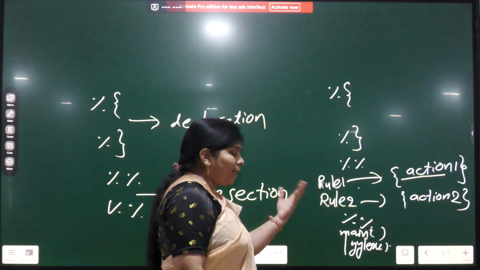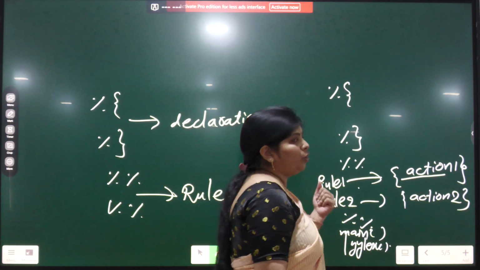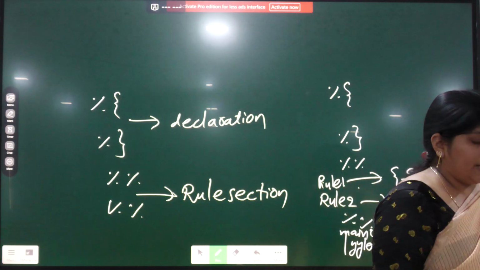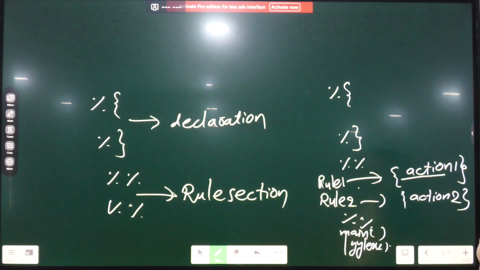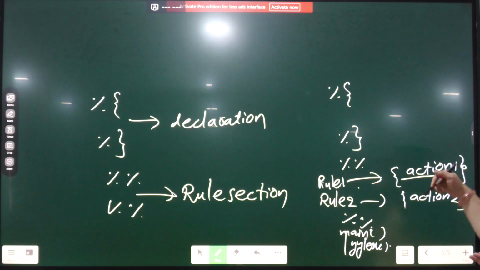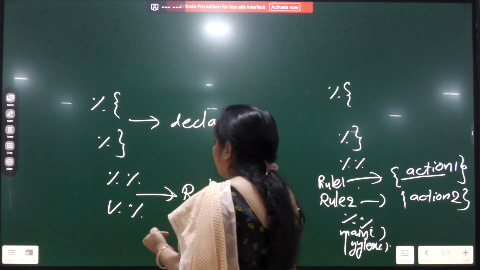For executing all the rules specified in the rule section, we need to call the yylex function. Whenever we have specified a Lex specification file, this function automatically goes to the rule section, and it will execute each and every rule which has been specified in the rule section.